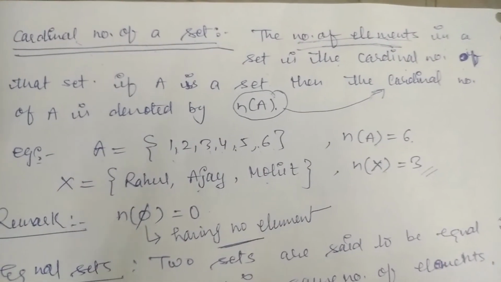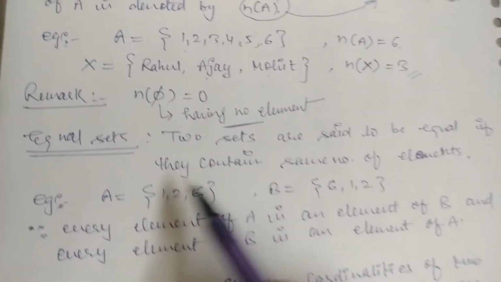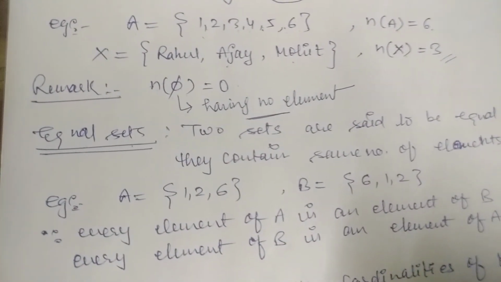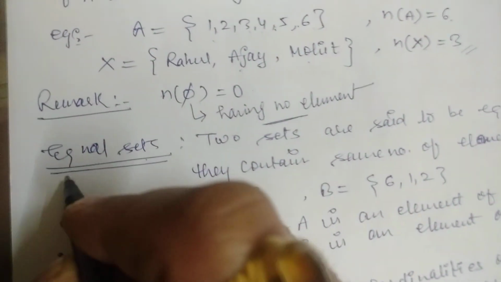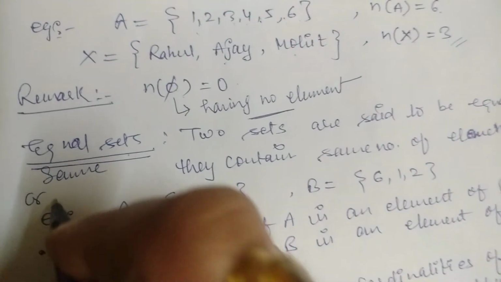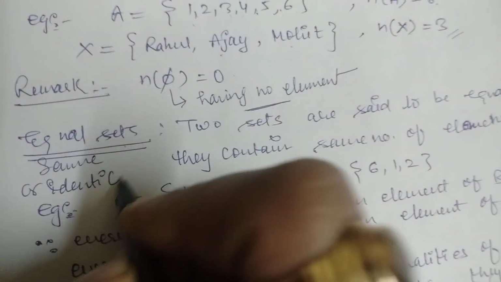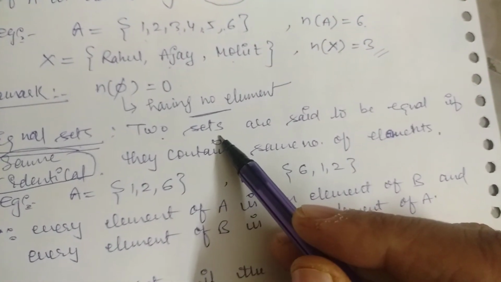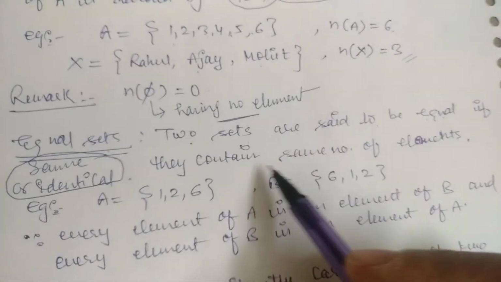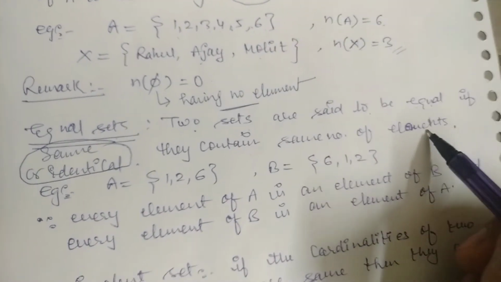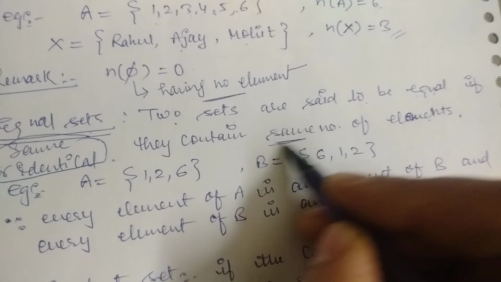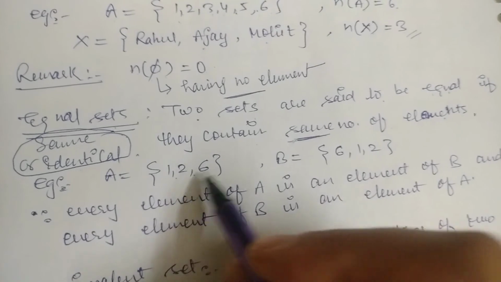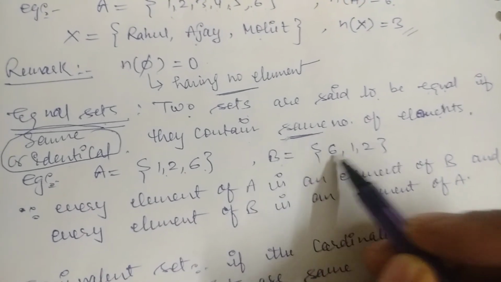Now the next one is equal sets. Equal, from the word equal, means same or identical. ठीक है. तो इसका मतलब, two sets are said to be equal if they contain the same elements. Suppose we have a set capital A equal to 1, 2, 6 and another set capital B equal to 6, 1, 2.